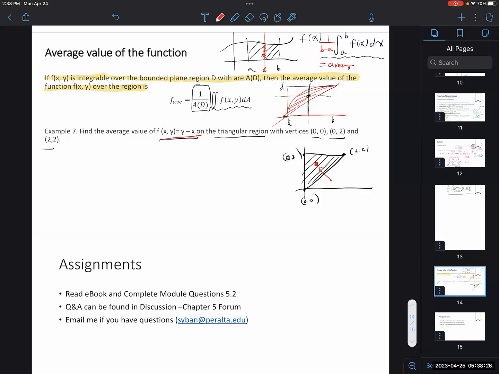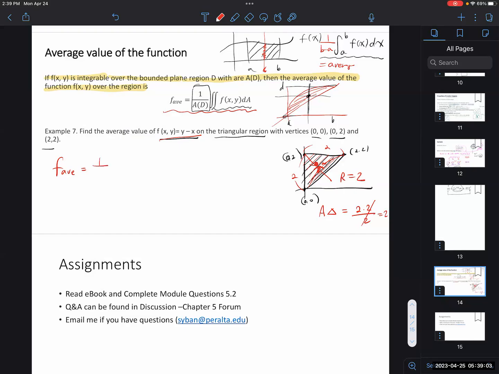That's an abstract concept, but you can find the average from here, from here, from here, and this formula is going to tell you how to do it. We can find the area of this triangle because everything is a linear line. So the area of this triangle will be 2 times 2 divided by 2, which is 2. So the area of this region is 2.